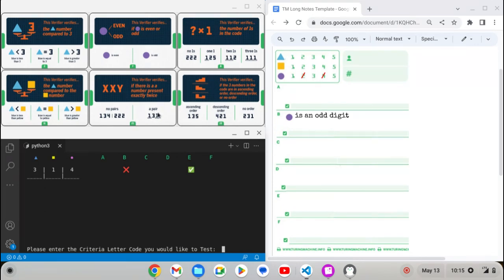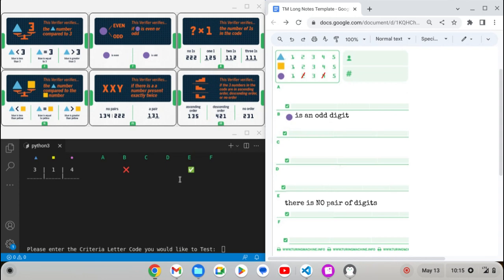All we know is that there is no pair, so they're either all unique or all the same. Let me write that down in my notes: there is no pair of digits. But it's very unlikely that it'll be all the same. We'll determine that as we go along. Okay, we've done 2 tests.